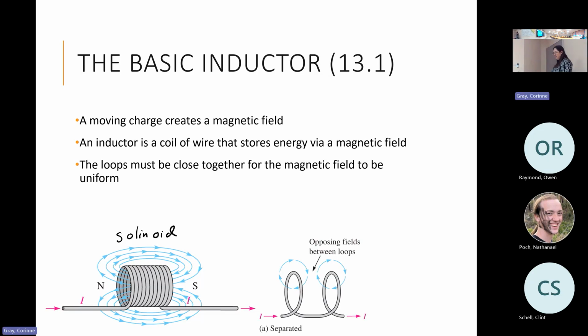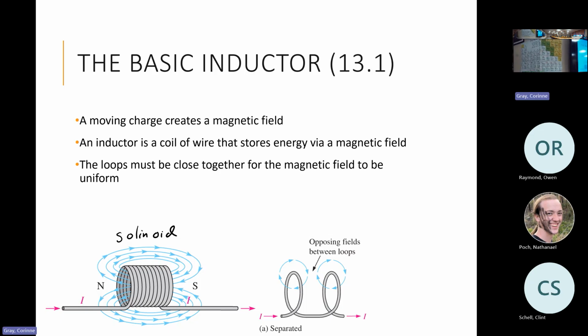Because you could technically have wires that are looped and far apart. With these, again, here we have our magnetic fields. Because they are further apart, we don't have a location where we have a constant value.